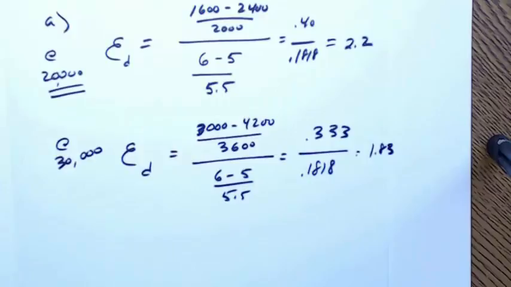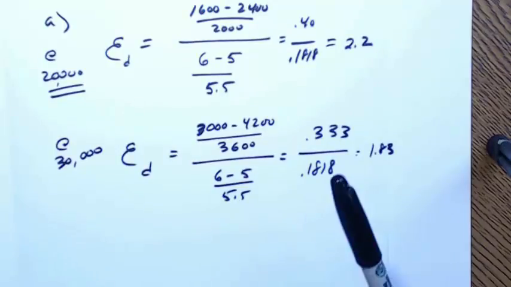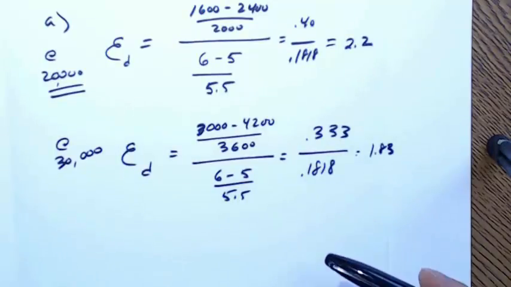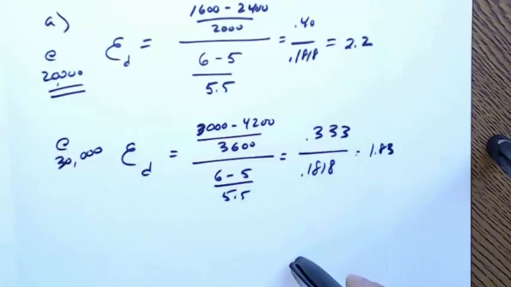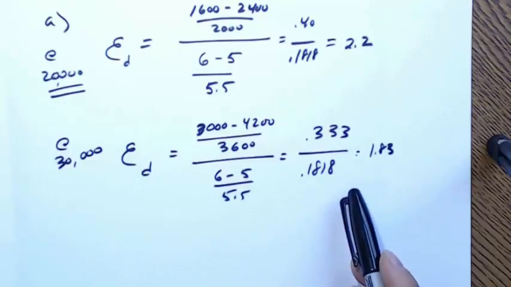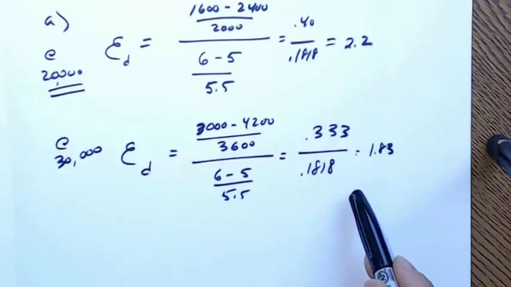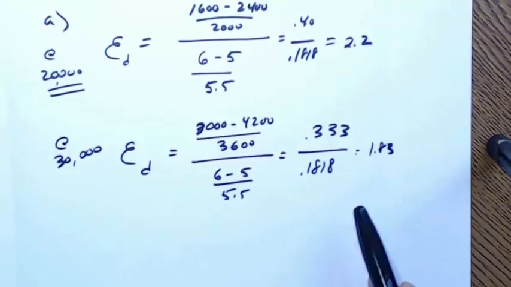So what do we conclude from this? That's what's missing from the problem. What this asks is basically to calculate it. But what do you conclude from this? Well, higher income people in this case are less sensitive or less responsive to price changes.